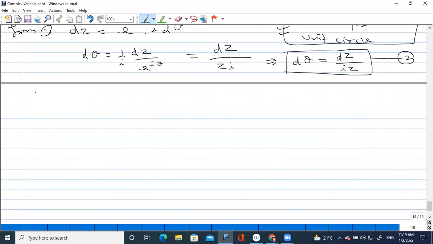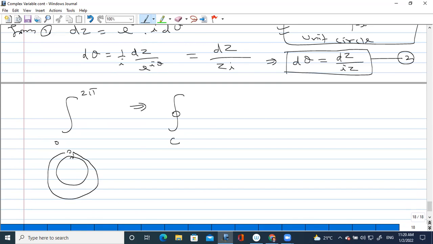Okay. So now one more thing you have to remember. Third thing is that if your integral is 0 to 2 pi, this integral can be converted to closed contour, because 0 to 2 pi means it is a circle starting from here, taking a full round and coming to here.